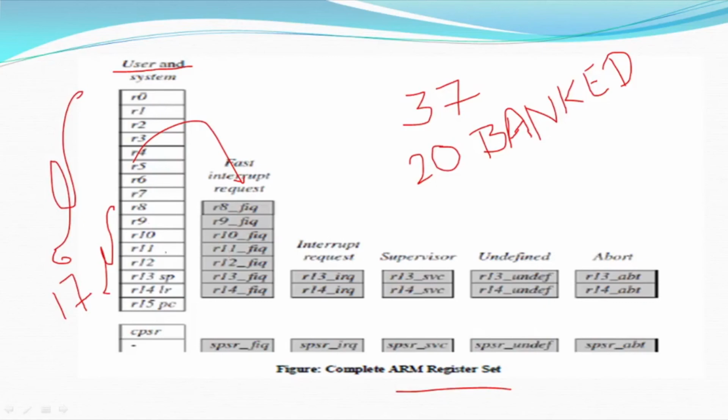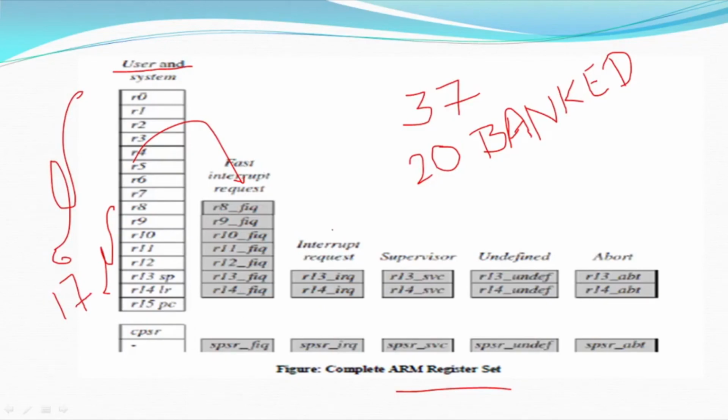R8, R9, R10 contents remain as they are, but they won't be visible in fast interrupt request mode. Instead, R8_FIQ, which indicates fast interrupt request, and similarly R9, R10, R11 are the registers which become visible.